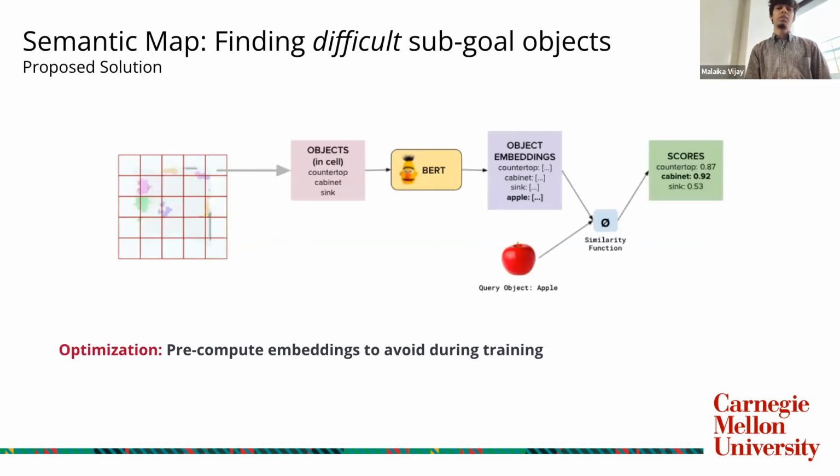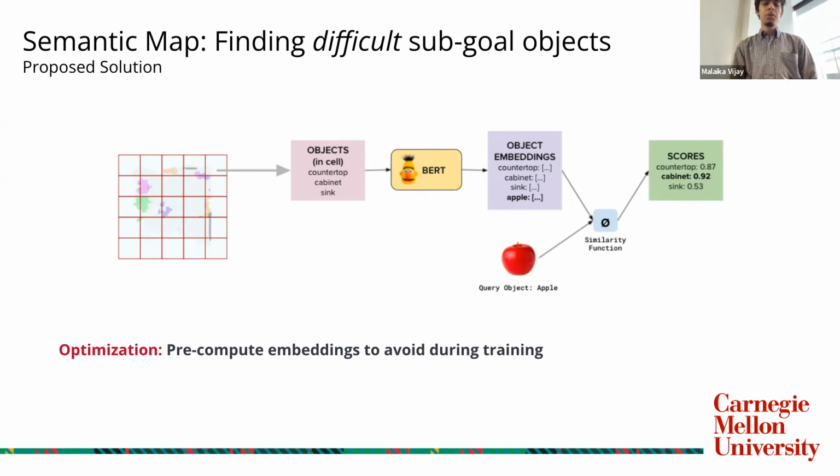So here is how our proposed solution looks. First of all, we divide the semantic map into search space cells, and we use the binary information from the semantic map to understand which objects are present in each cell. We use BERT to create our object embeddings. We do this pre-training because we have complete knowledge about all the receptacle as well as the other sub-goal objects that are part of the ALFRED inventory or the TEACh inventory.